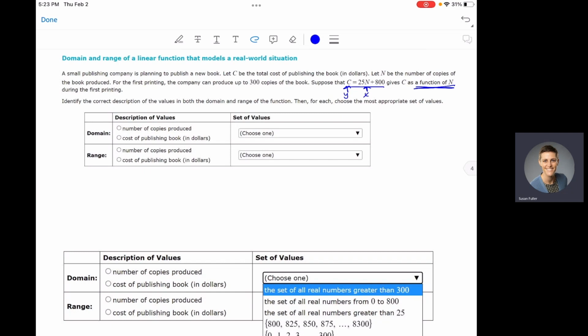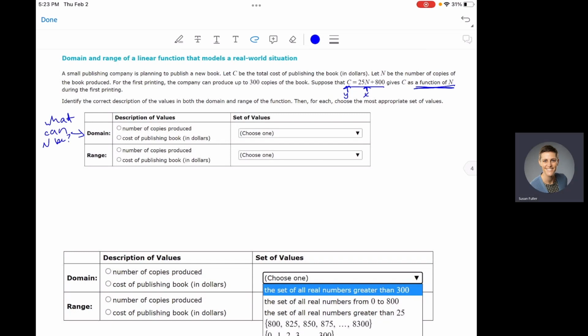So C is the variable for our Y value, and N is the variable for our X value here. So the domain is going to answer the question, what can N be? Because N is our X variable here. So what can N be?